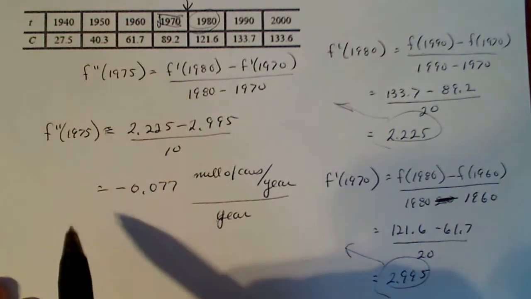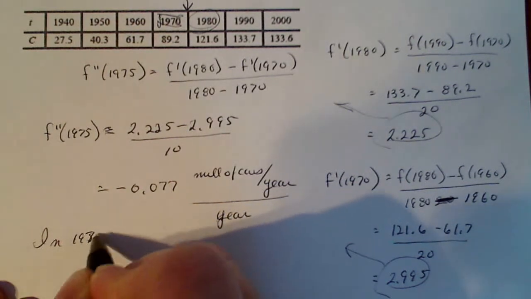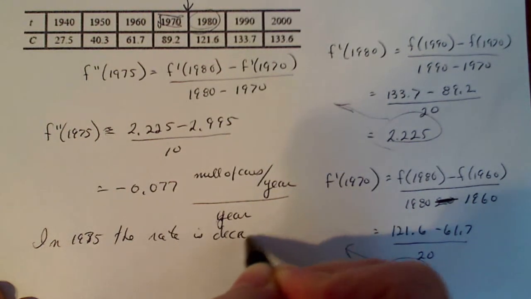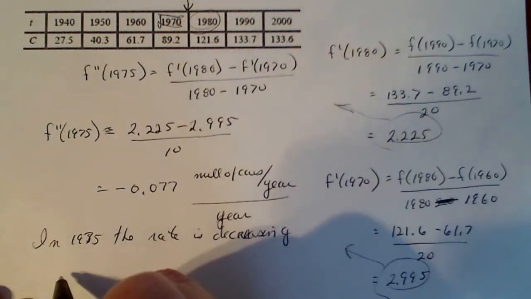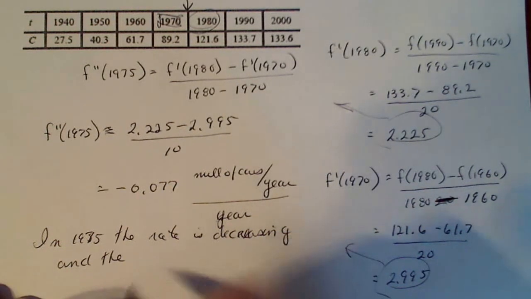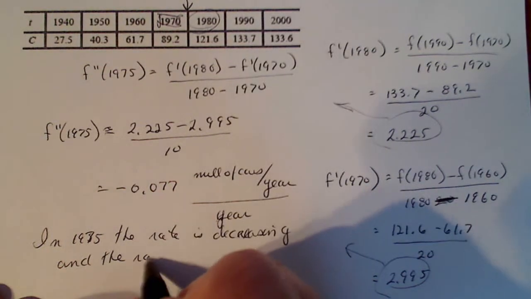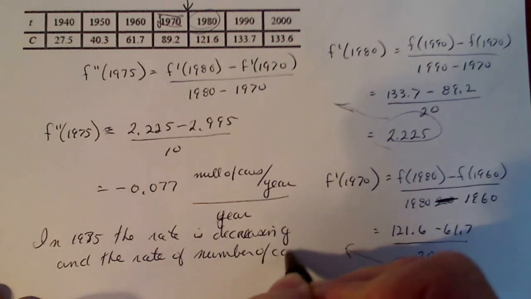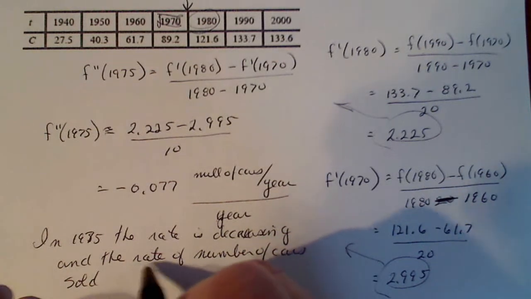But nevertheless, basically this is saying that in 1975 the rate of change is decreasing. How can I say this?